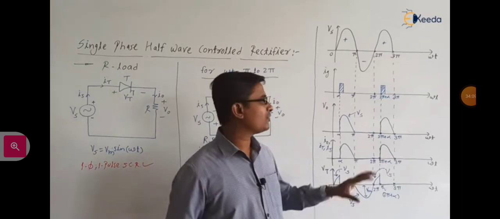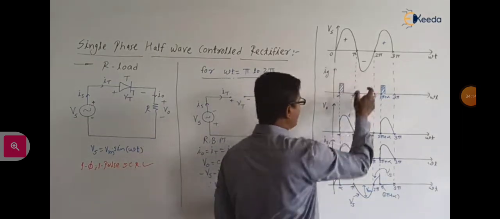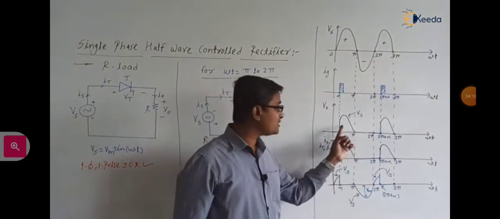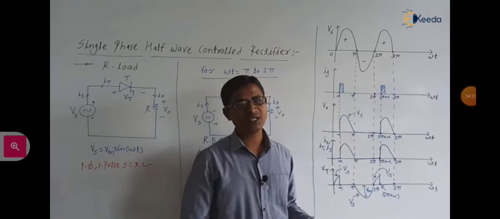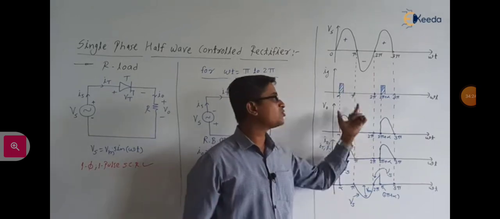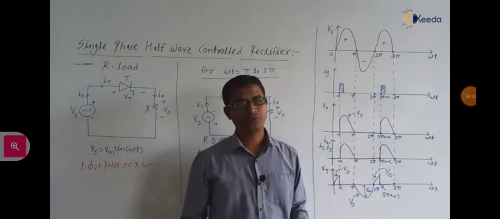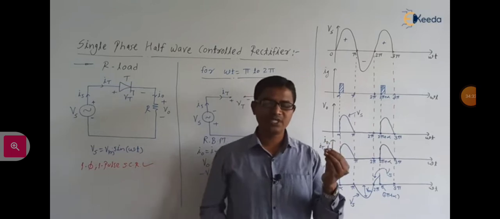So what is the pulse frequency of the output voltage? As I said, corresponding to one input cycle we get only one pulse in the output. So in 1 second how many pulses will we get for V0? Definitely 50 pulses. For one cycle we have one pulse, so for 50 cycles of the supply we will have 50 pulses in the output. So the output pulse frequency is 50.